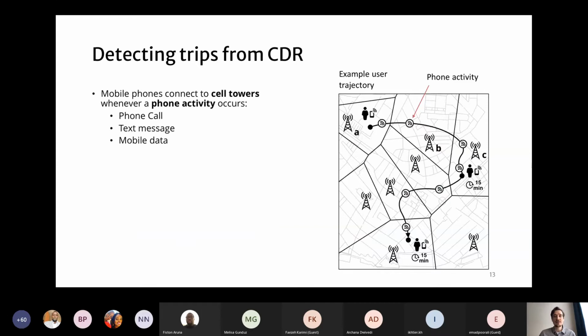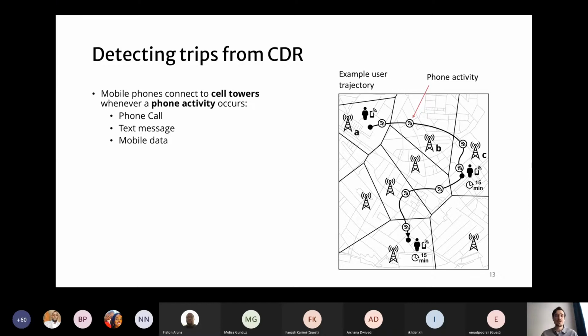So how do we actually capture trips or mobility from these call detail records? It works like this. On the right here, I have pictured the trajectory of one user that moves between different cell tower areas. While this user is moving around, they're active on their phone and generate phone activities where a connection to the nearest cell tower is established.